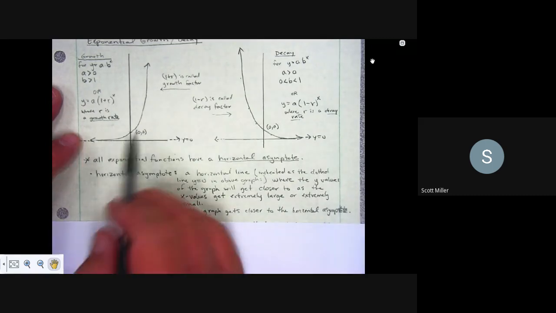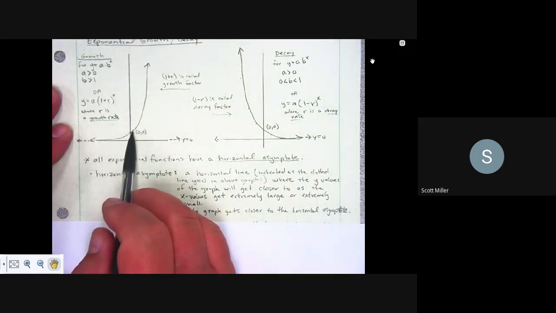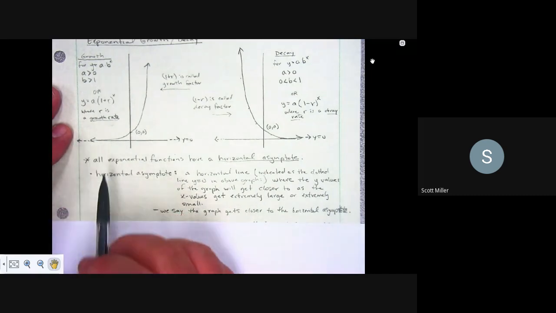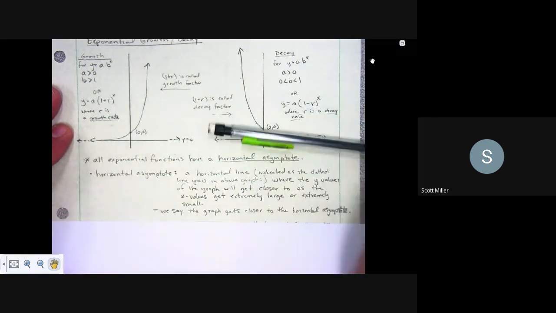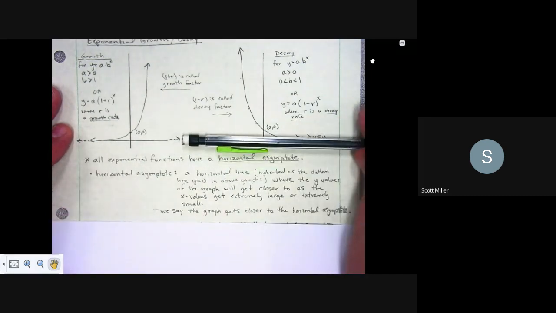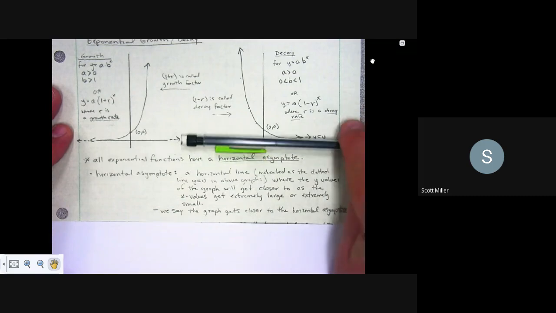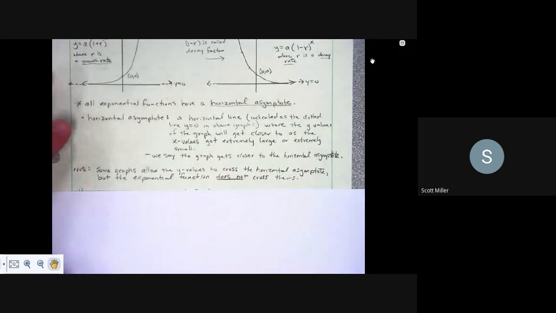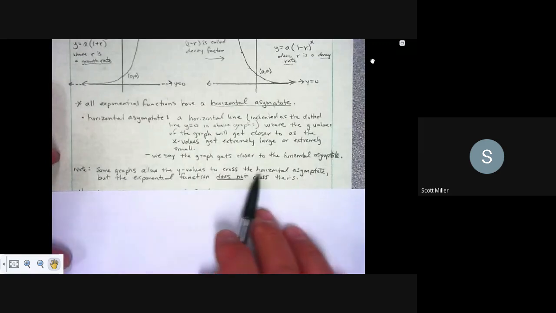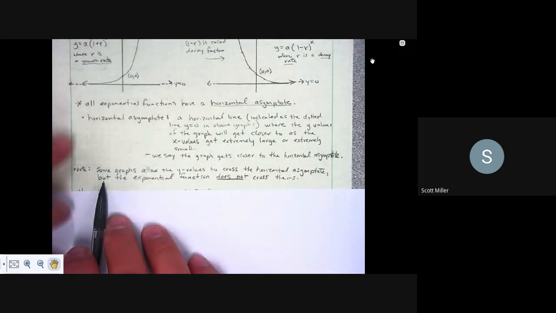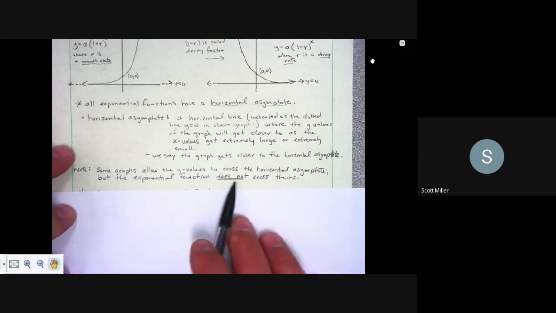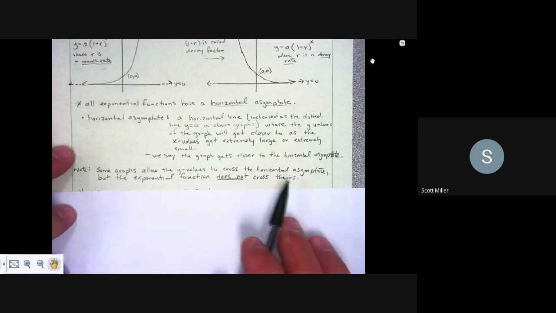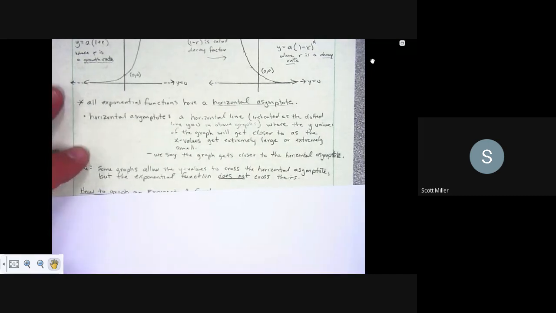These graphs, though, exponentials, do not cross the horizontal asymptote. It is like a boundary line. It will get closer to it, but exponentials do not cross it. Some graphs allow the y values to cross the horizontal asymptote, but the exponential functions do not cross theirs. So they will get closer, but they will not cross.